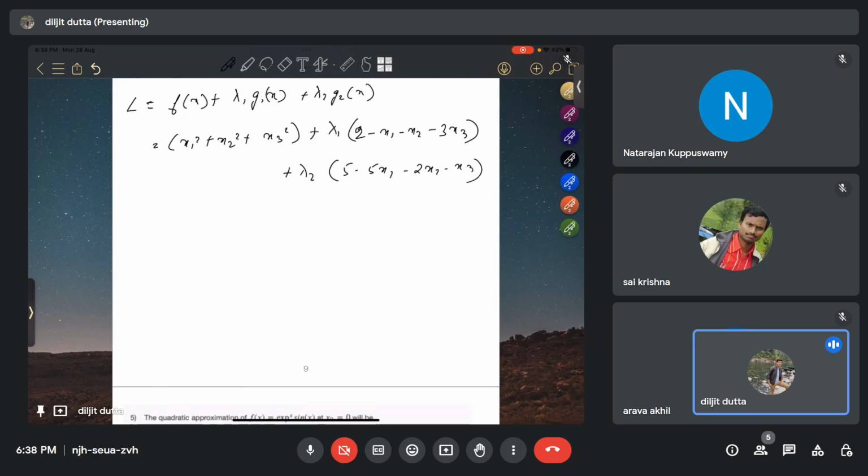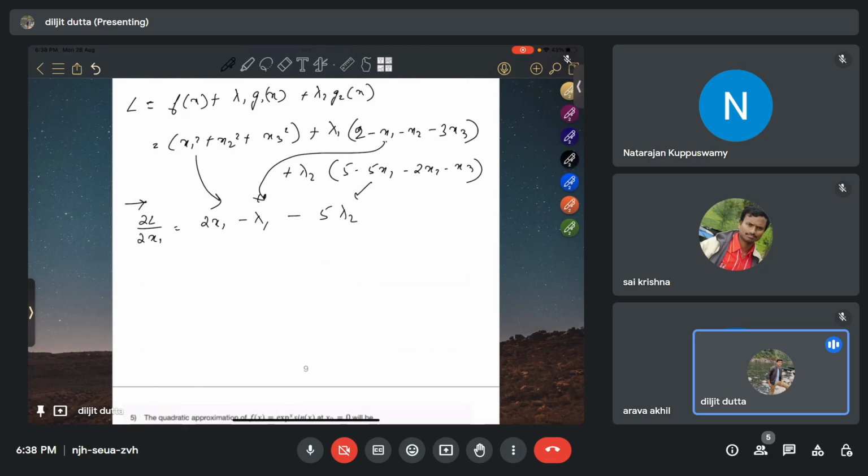We'll take the derivatives now. Del L by del x1 will be 2x1 minus lambda 1 from here, so 2x1 is coming from the first term, minus lambda 1 from the second term, and from the third term minus 5 lambda 2.